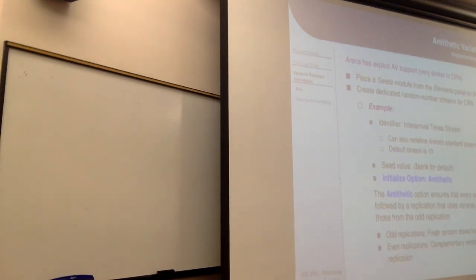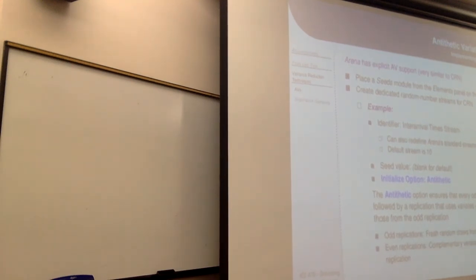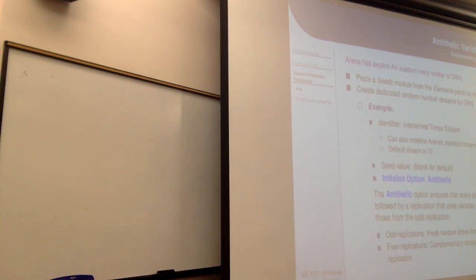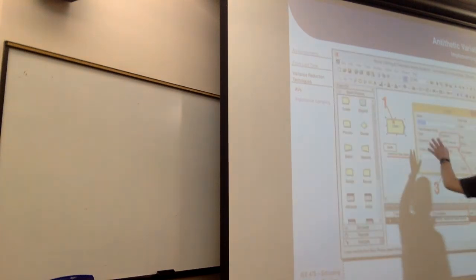So when you get your per-replication data out, you can pair up, say in Excel or whatever you prefer, MATLAB, R, JMP, the odd replications with the even replications to create the antithetic variate, which is the average of each one of those pairings, and do all your analysis on the average, as if those averages were the real output of your simulation.